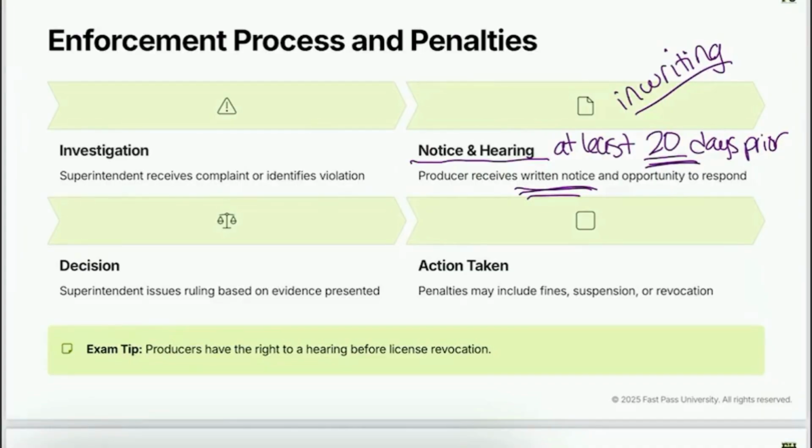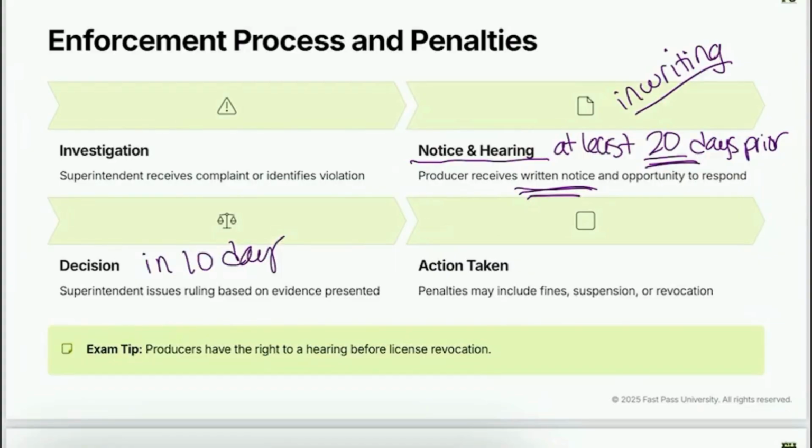Once the hearing has happened, the hearing officer must render a decision within 10 days from the close of the hearing and receipt of all the related materials, minutes, briefs, etc. So decision in 10 days.